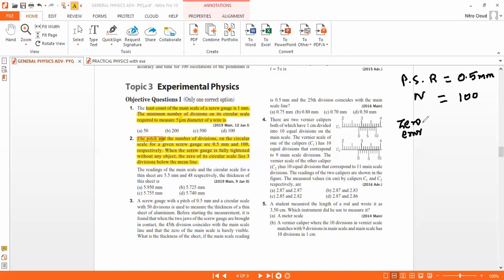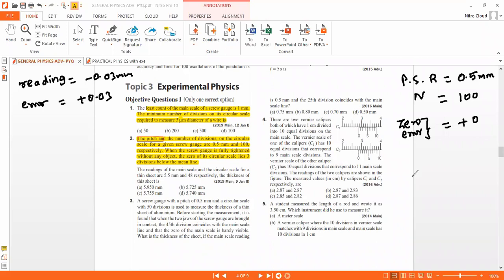They are saying it is 3 divisions below the line. Below, the reading will be negative, minus 0.03 mm, so the error will be plus 0.03.